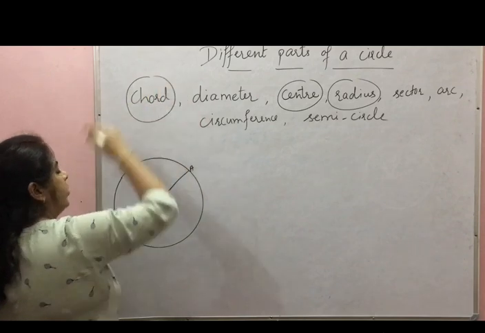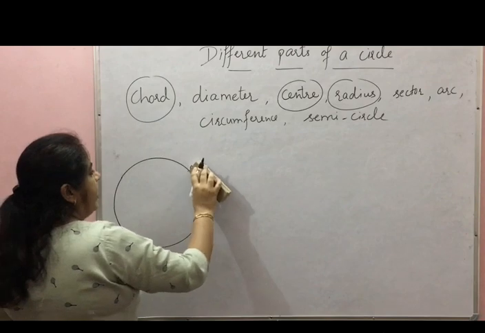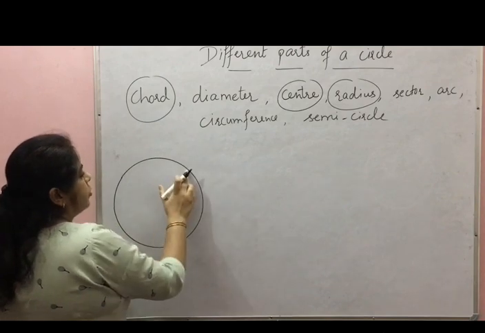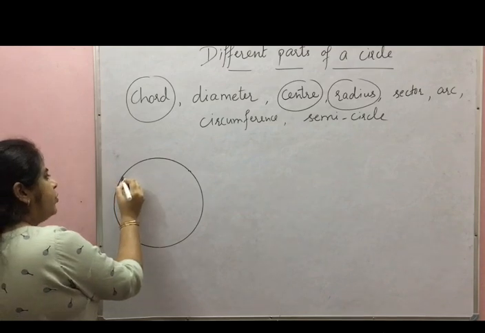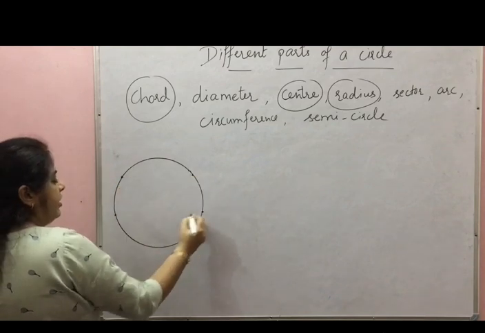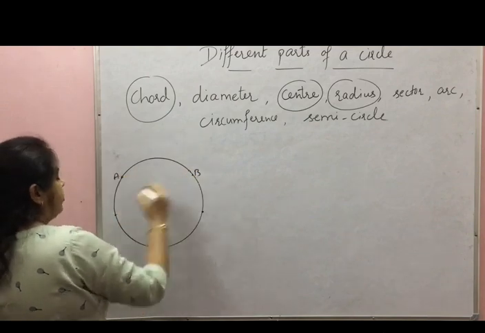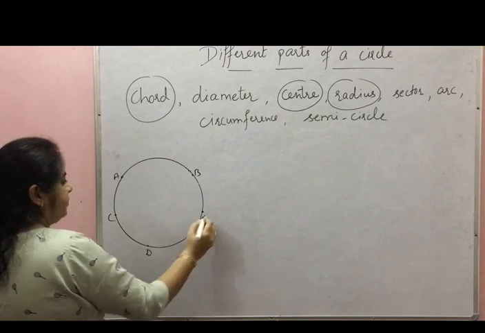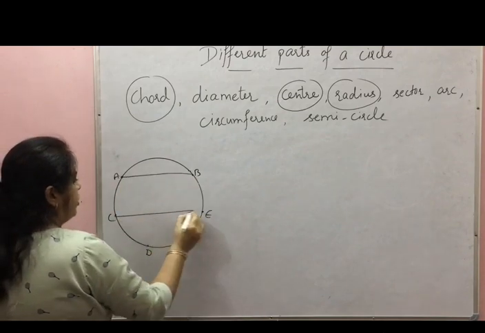Now we will go with the chord. What is a chord? We have already discussed the center and the radius. Now, if we take any 2 points on a circle, just suppose we are taking these points, and we join any 2 points, this to this, this to this.